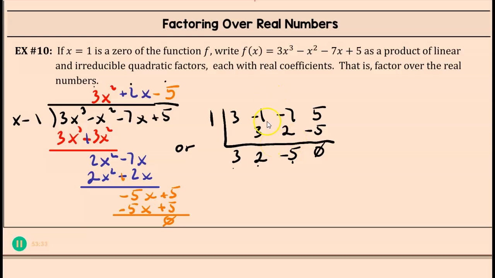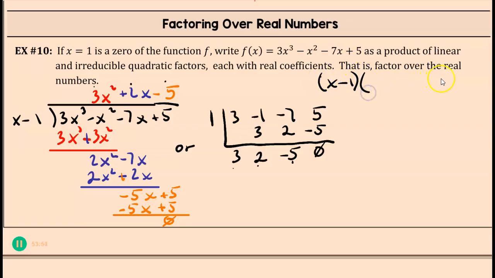So, synthetic division and long division with polynomials. All right, after all that work, what did that tell us? What did we actually gain from all this? We already knew one of the factors is x minus 1, so we know that's the truth.